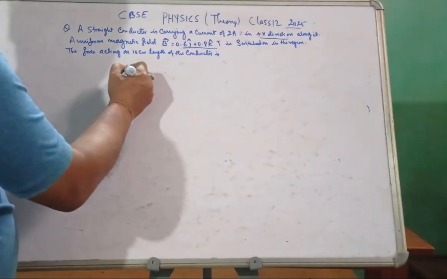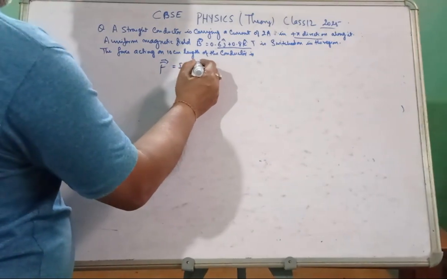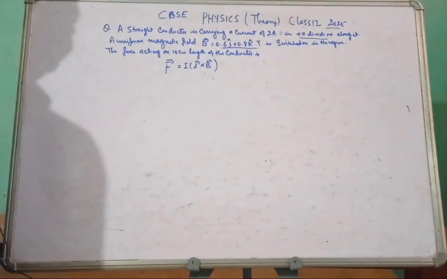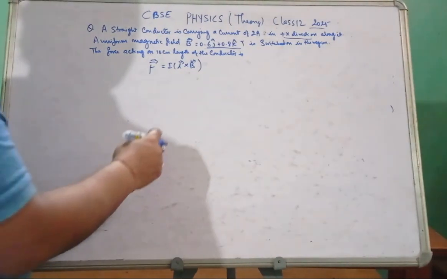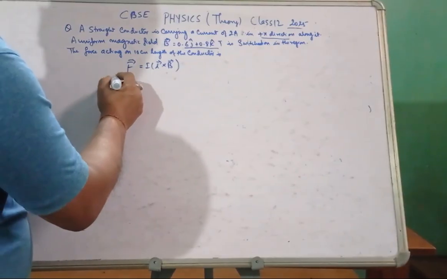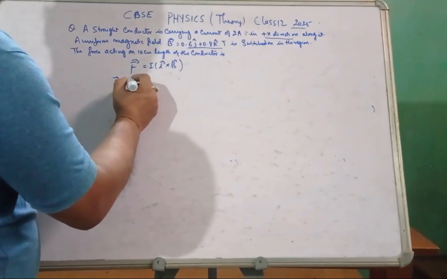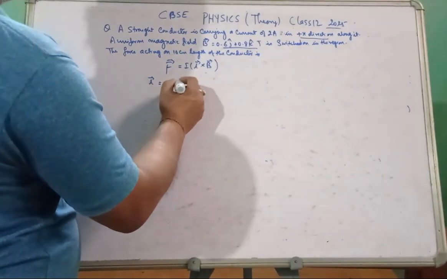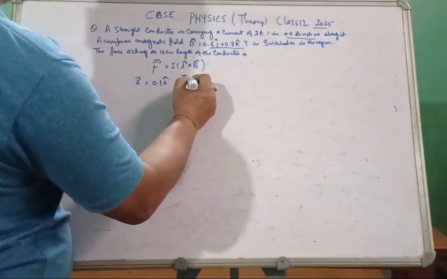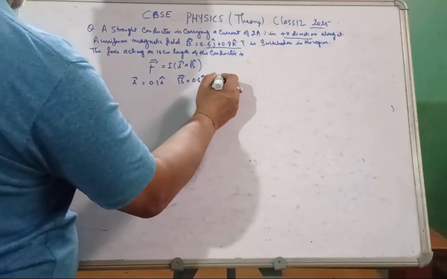So here F is equal to I L cross B. Your length is 10 centimeter, that means 0.1 in positive x direction, that is i cap, and your B vector is 0.6 j cap plus 0.8 k cap.